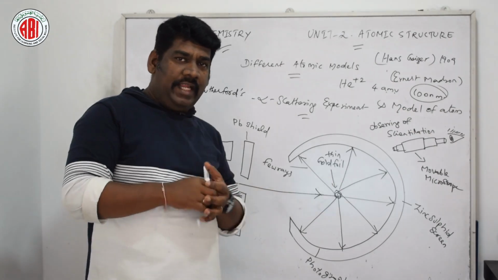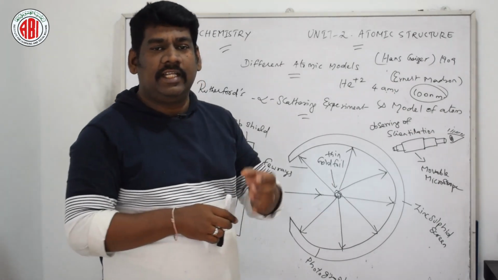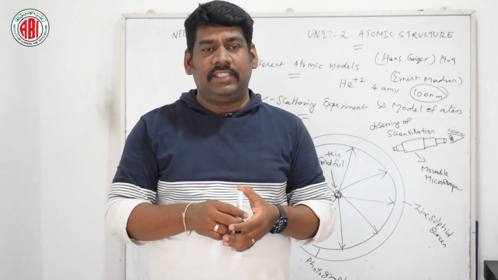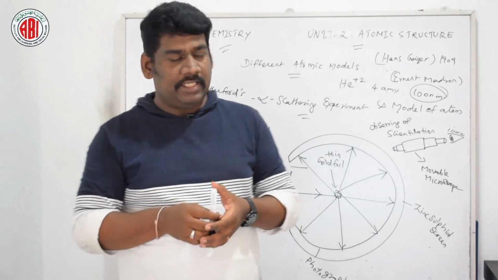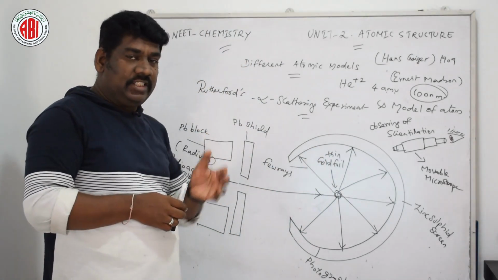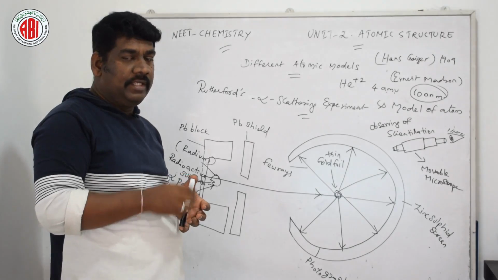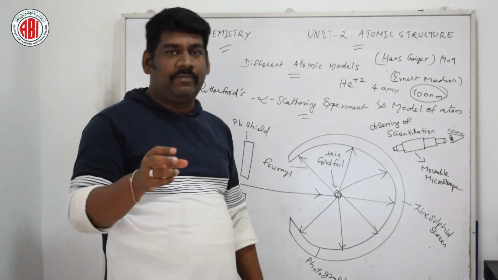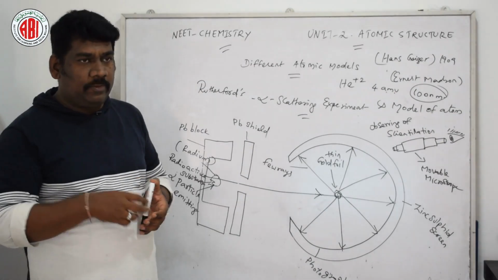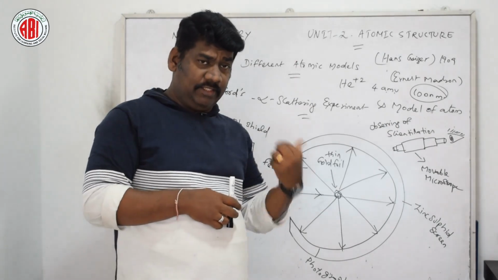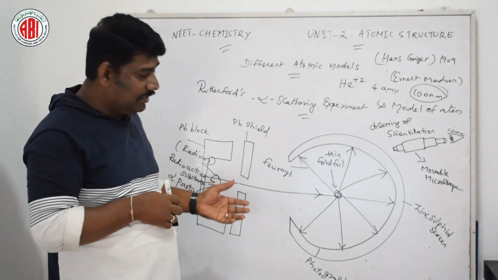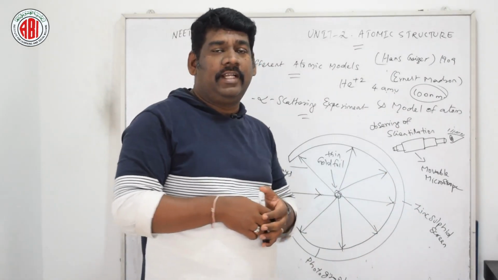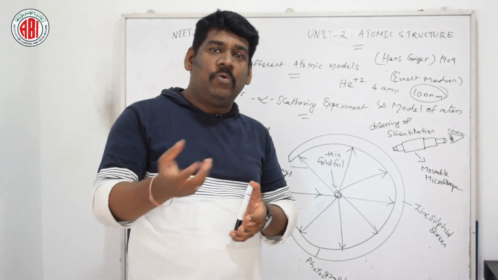This particular line proves that most of the part of this atom is empty space, whereas earlier we discussed J.J. Thomson's model of the atom, in which the electrons are embedded like raisins or watermelon seeds. That could be discarded by this particular line: most of the alpha particles were able to penetrate this thin metal gold foil, but only a few were deflected.